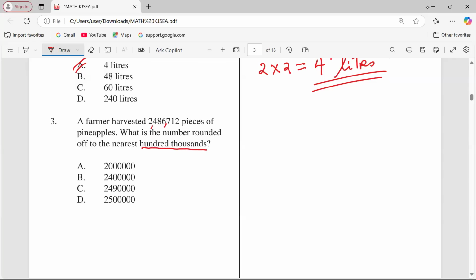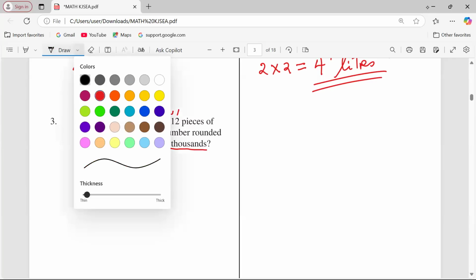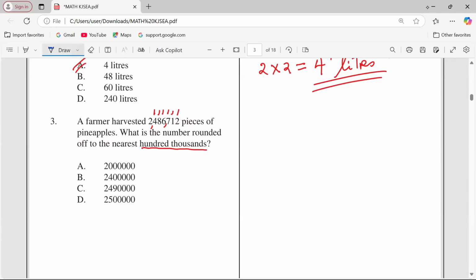So we have to consider the number in the position of 100,000s. This is ones, tens, hundreds, thousands, tens of thousands, hundreds of thousands. The digit is 4, right? If the digit is 4, then we have to consider the number on its right side. Is it able to increase it to the next number? Yes.